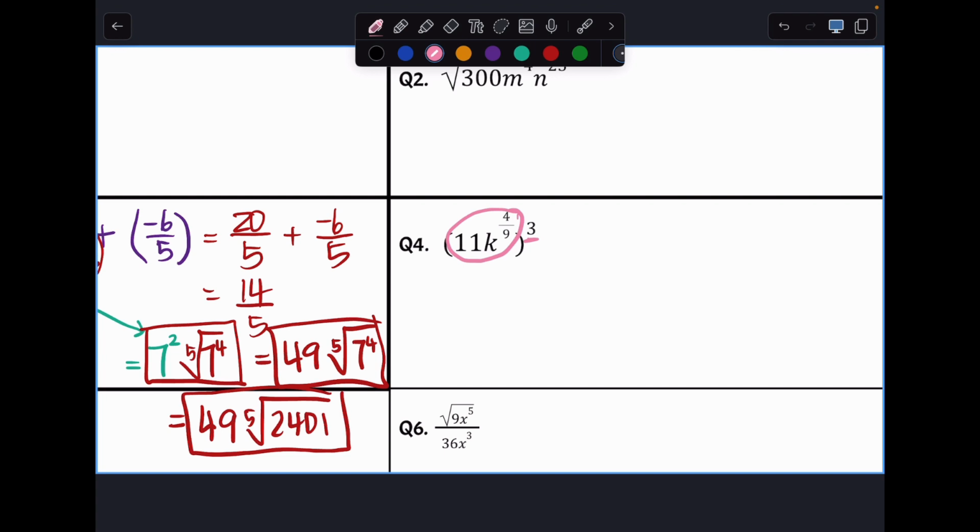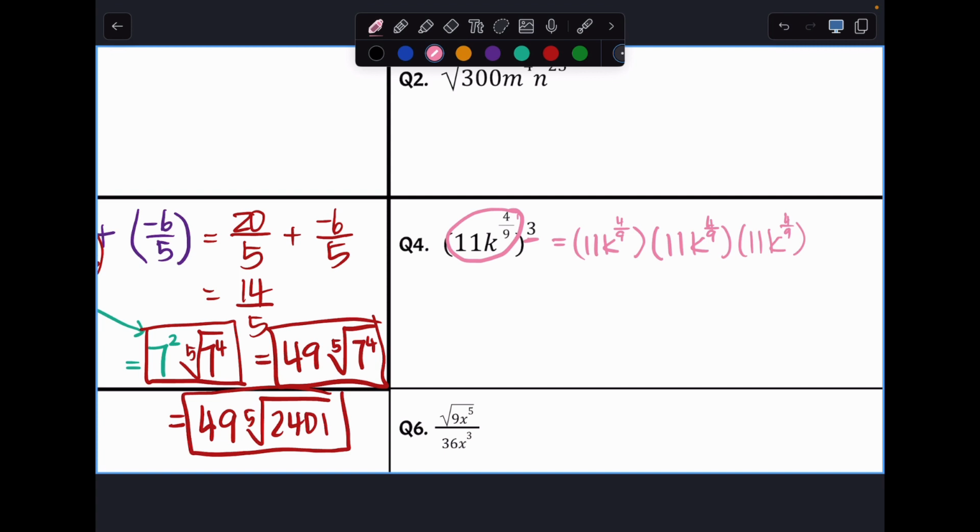Which means if I were to write it out, if I were to expand it, it would look like 11k to the 4 ninths times 11k to the 4 ninths and 11k to the 4 ninths. Agreed?